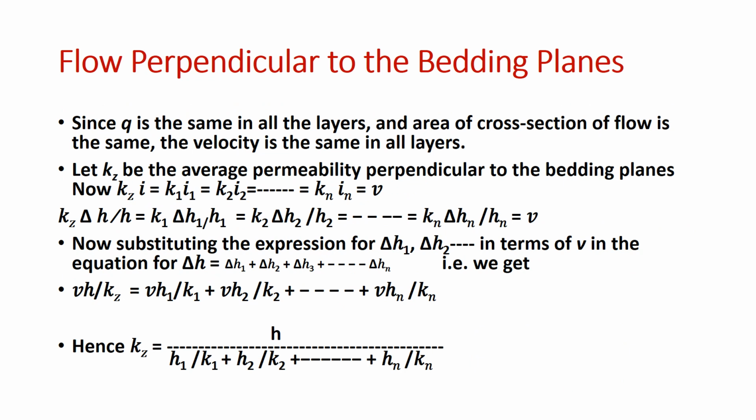Basically Q is the same in all the layers, the cross-section area is the same, and the velocity is the same in all layers. Suppose kz is the average permeability perpendicular to the bedding plane.